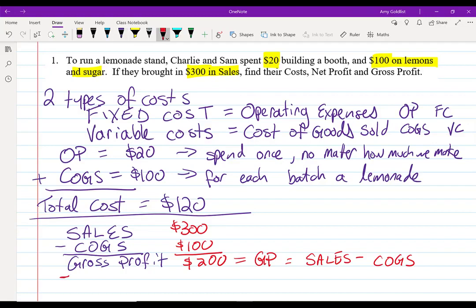Now we're going to subtract those operating costs. So we spent $20 on that booth, and at the end, what we're going to get is $180, and that is our net profit.